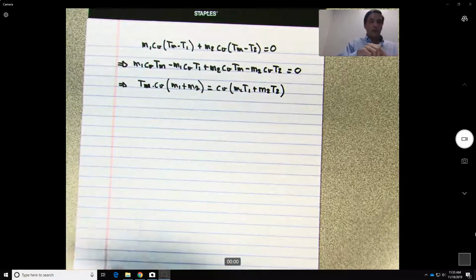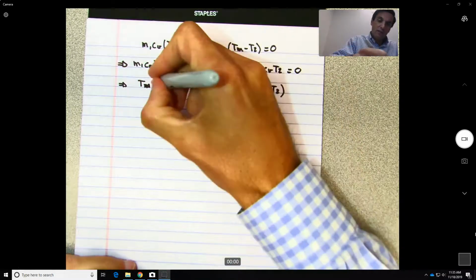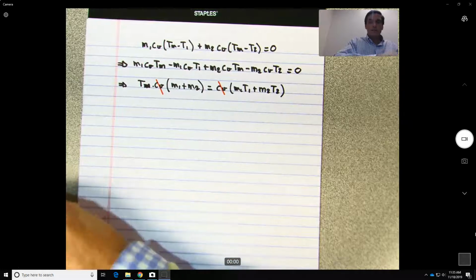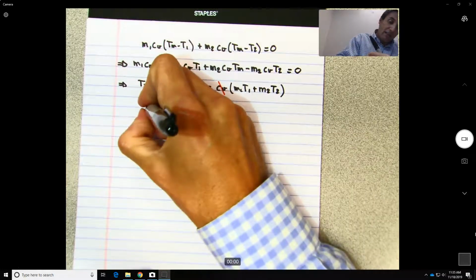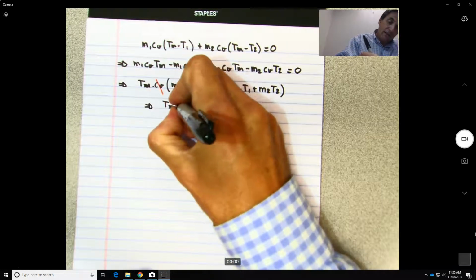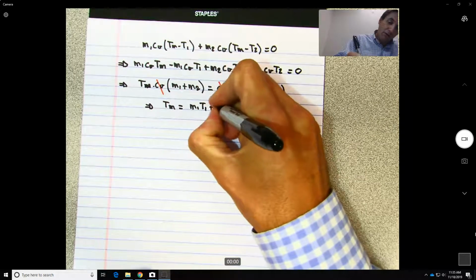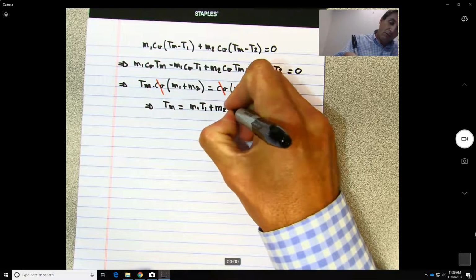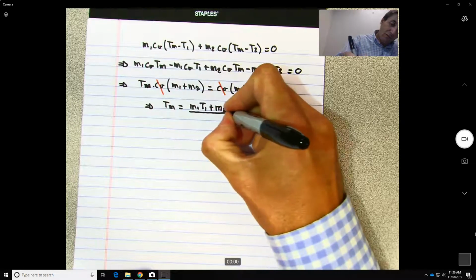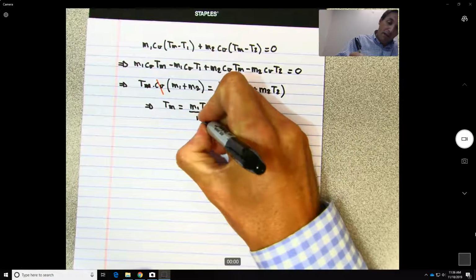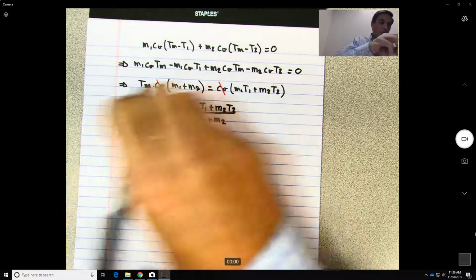So we can see right away that Cv will cancel, and we're going to get that the final temperature of the mixture is equal to M1 T1 plus M2 T2 divided by M1 plus M2.